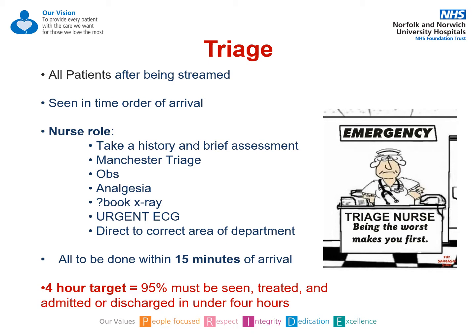These nurses can also book some x-rays after a really quick assessment. If someone's come in with chest pain, this is when an urgent ECG will be done, just to rule out any heart attacks. And then that nurse will direct the patient to, again, the most appropriate area.